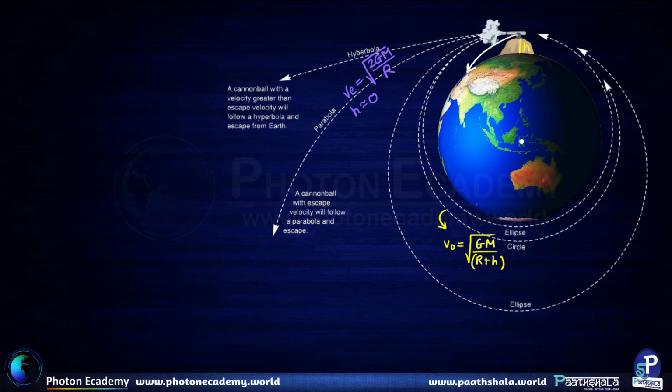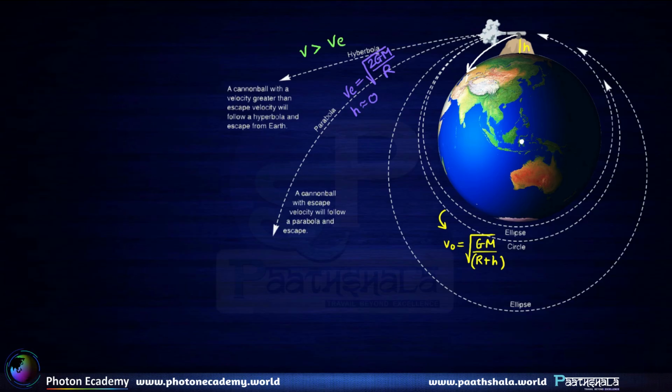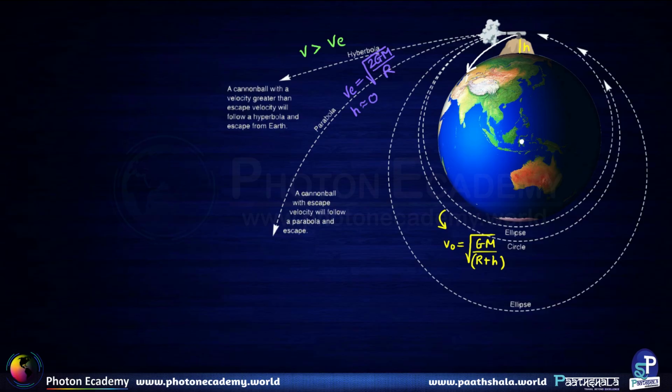And this hyperbola that we see over here, that is for velocity of projection to be greater than Ve. So if it is fired with greater than Ve velocity, then it will go away to infinity in a hyperbolic trajectory. So these are the conic sections that Kepler found are the trajectories of an object that is fired from the Earth's surface with certain appropriate velocities.